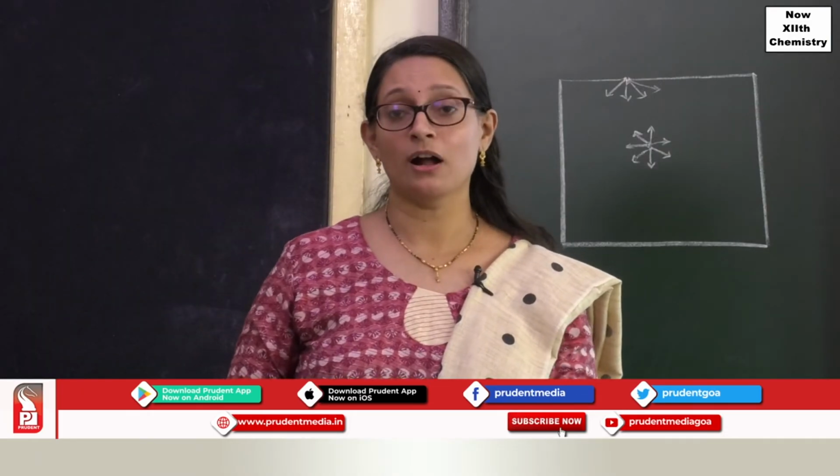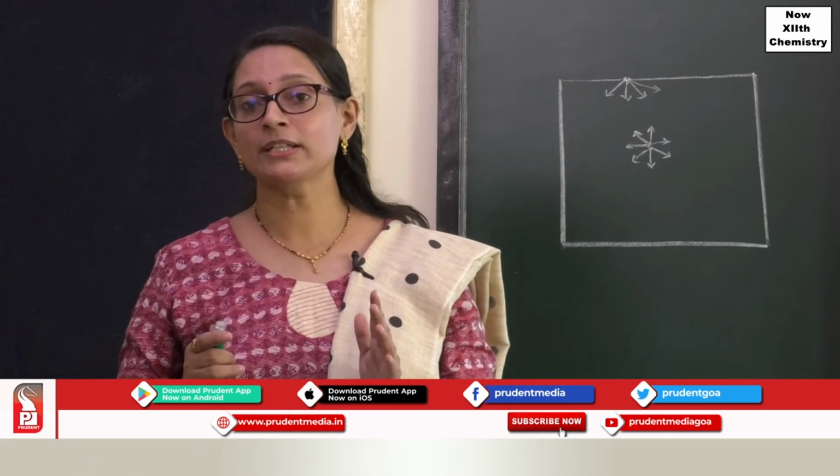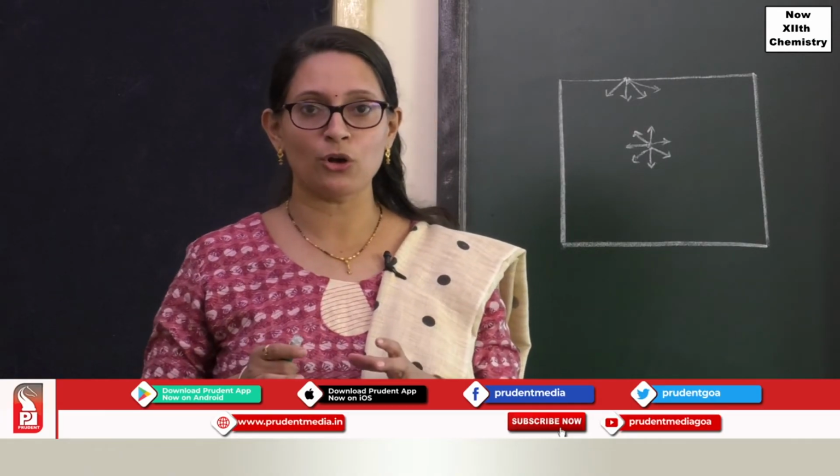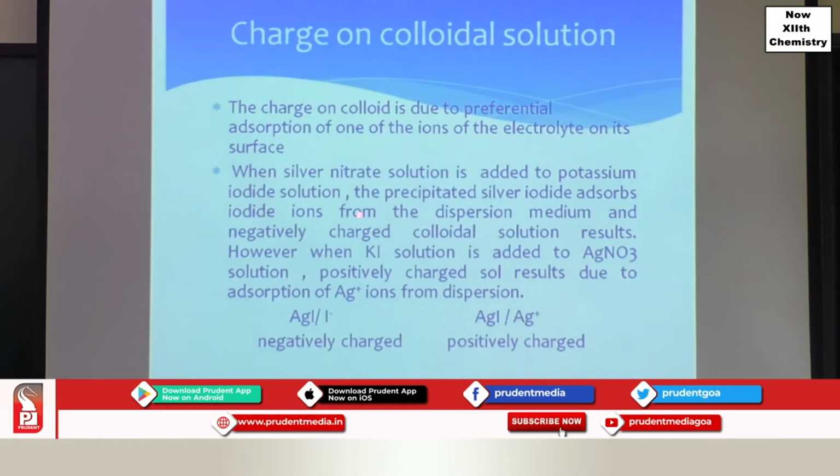Why at all or how does a colloidal particle achieve a particular charge? It depends also on the manner in which we are carrying out the addition of dispersed phase with the dispersion medium. For example, here we are taking an example of addition of silver nitrate to potassium iodide solution.